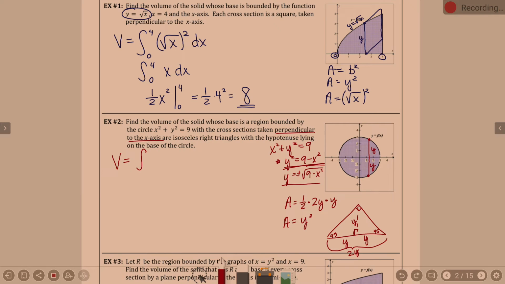But then you just end up at 9 minus x squared, right? So it's going to be the integral of 9 minus x squared dx. What is my interval here? -3 to +3?